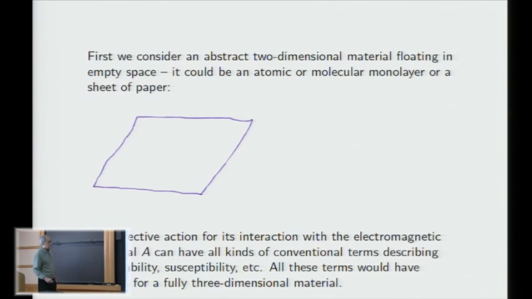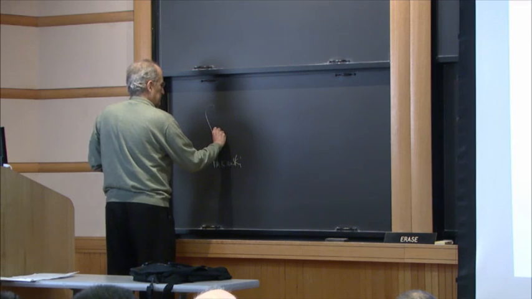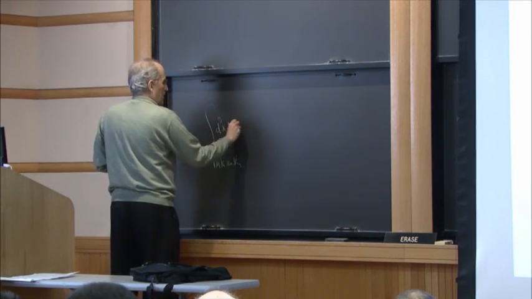The effective action for its interaction with the electromagnetic potential: it's a two-dimensional material, but there's a 3-manifold if you include time. The action describing the situation is going to be an integral over all of Minkowski space of the Maxwell action.